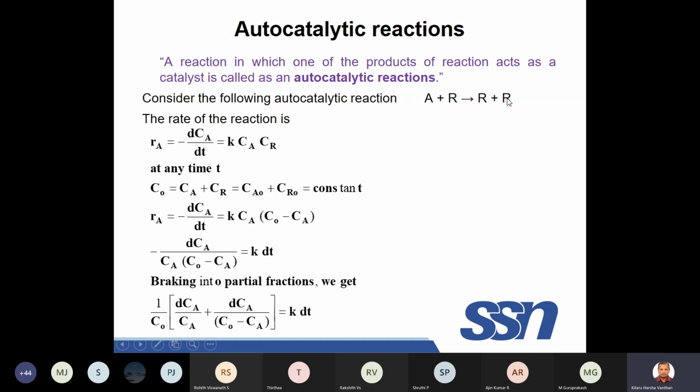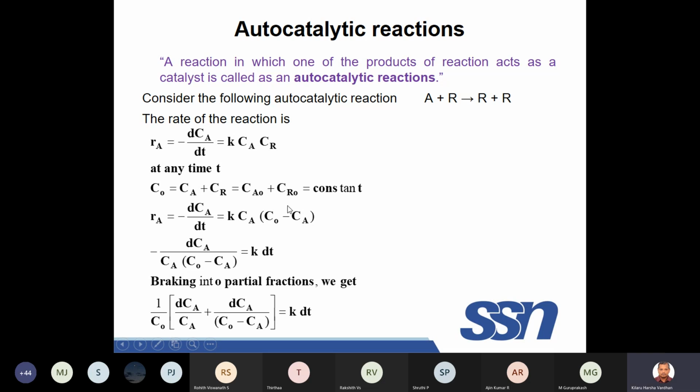So how do we do this kind of thing? Again, Ra is minus dCA by dt, equals K into CaCr, the same. At any time, we know that the total concentration Ca plus Cr is Ca naught plus Cr naught, the initial concentrations of A and R. That should be constant, because only a small amount of R is required.